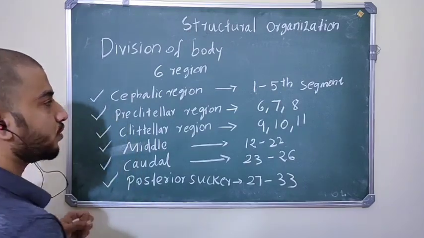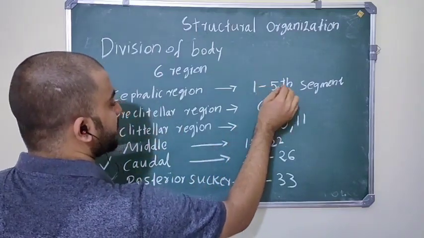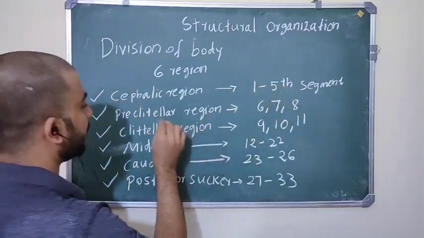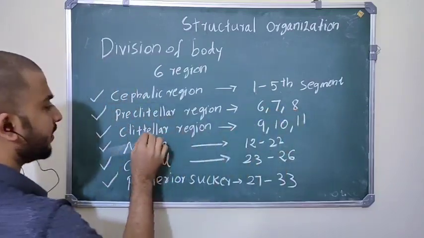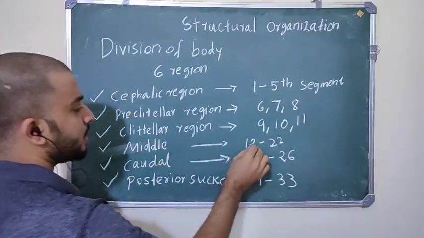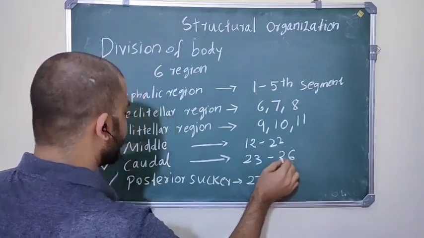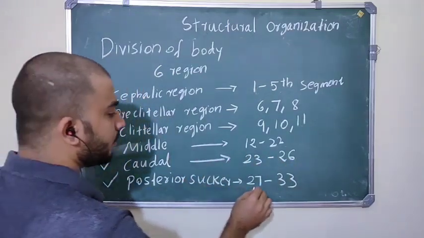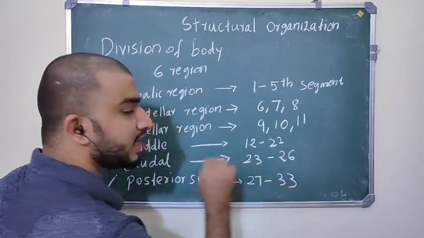So keep in mind: cephalic region between first to fifth segment, preclitellar region 6, 7 and 8, clitellar region 9th, 10th and 11th, middle region 12th to 22nd, caudal region 23 to 26, and posterior sucker between 27 and 33.